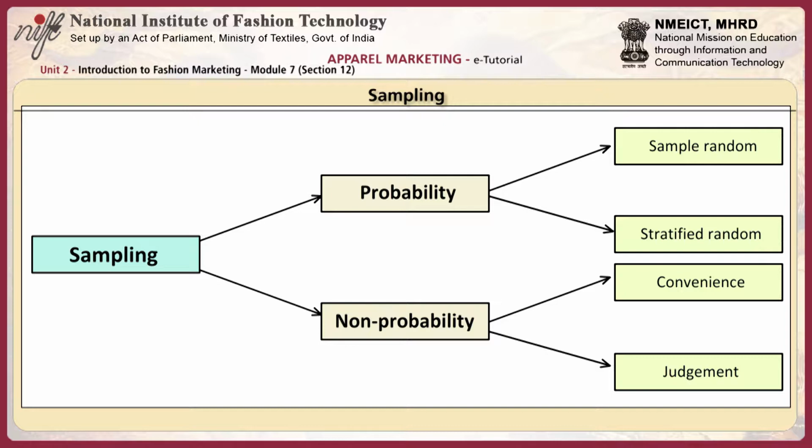When it comes to non-probability, there is convenience and judgment. In convenience and judgment sampling, the respondents or the sample are selected based on convenience.